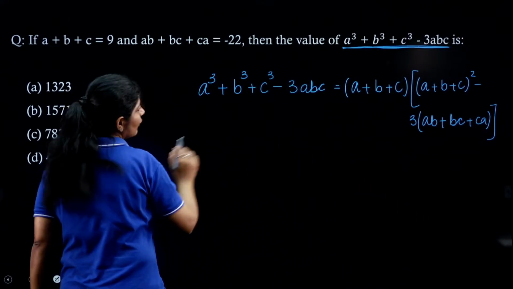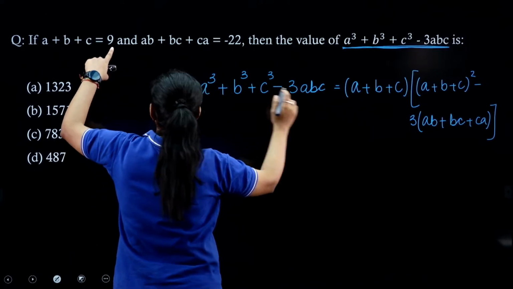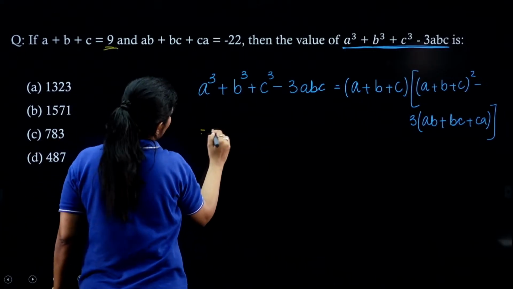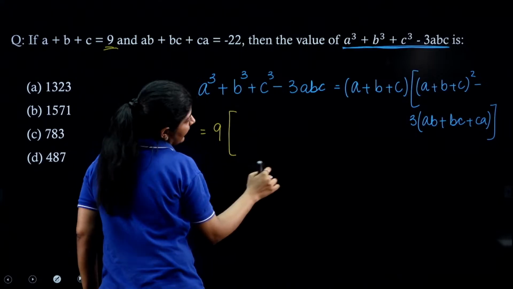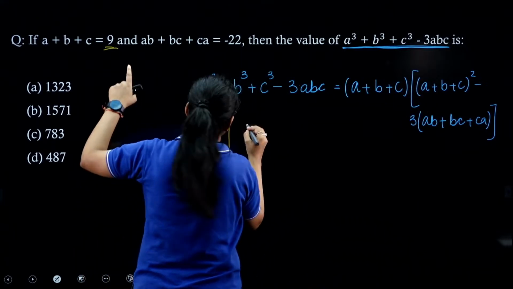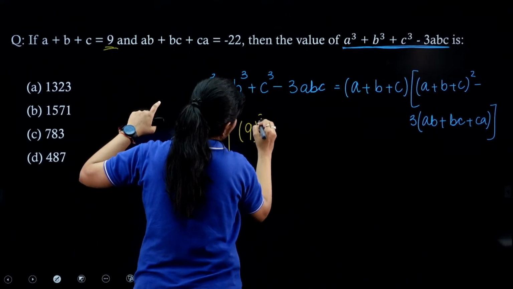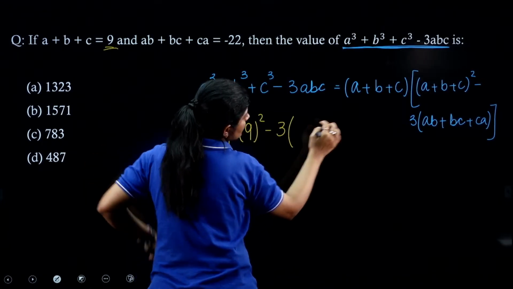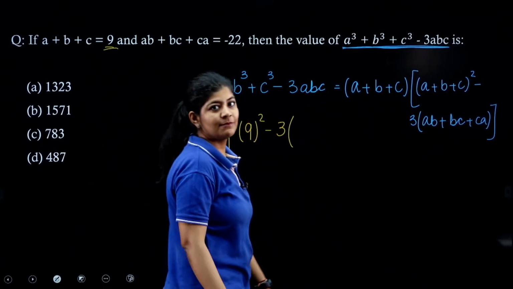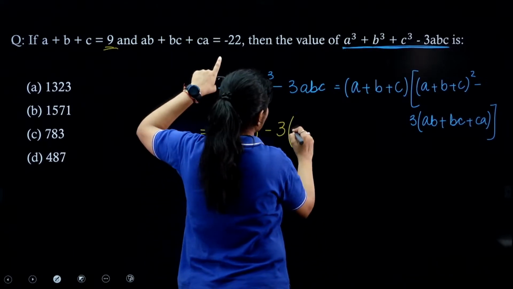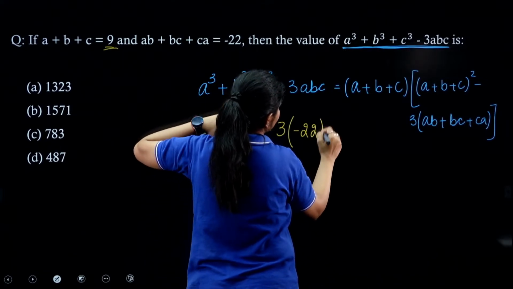We are having the value of A plus B plus C, that is nothing but 9. So the answer is 9 multiplied by the square of this one, that means 9 square minus 3 times AB plus BC plus CA, that is nothing but minus 22.